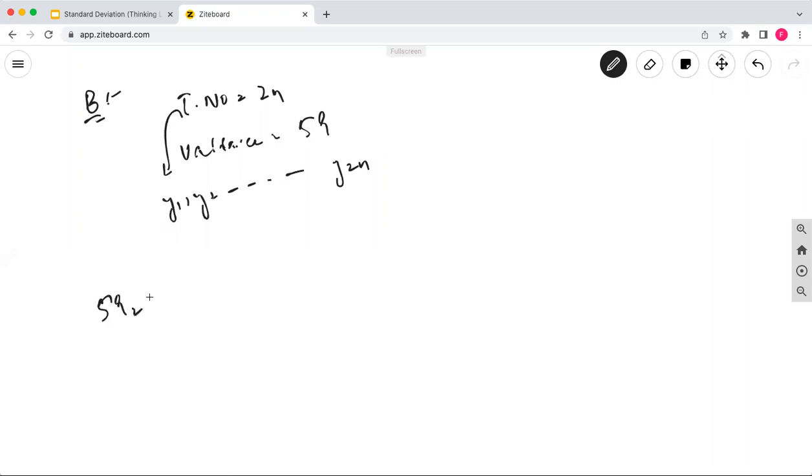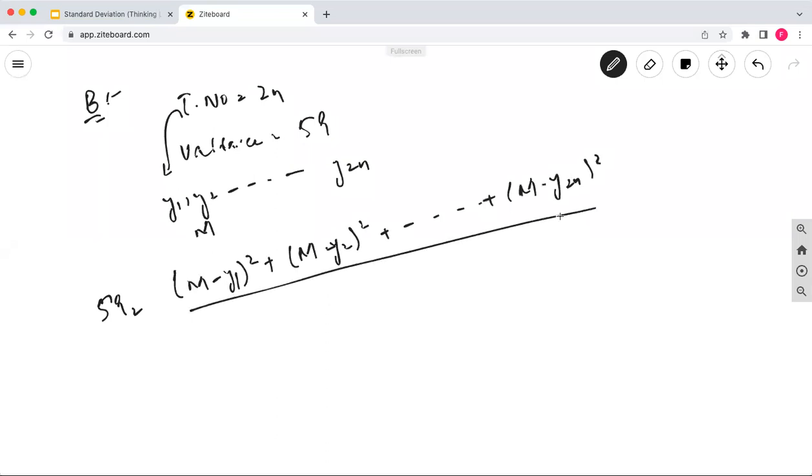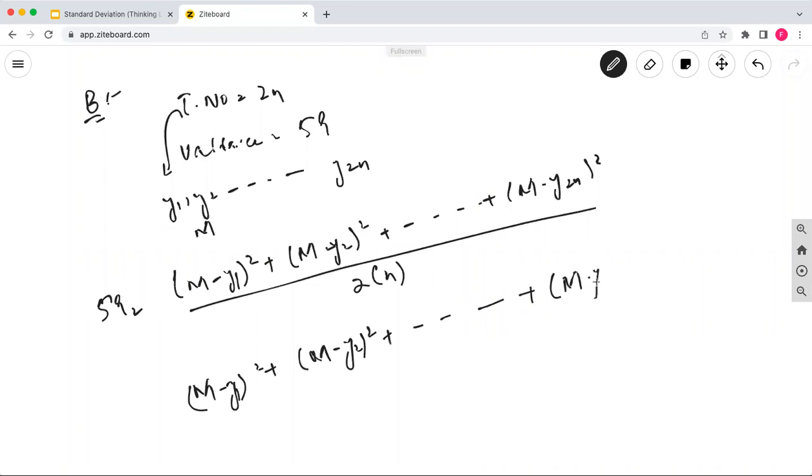Variance 59 is equal to the sum of the squared deviations from the mean, that is, I consider the mean as m: (m minus y1) square plus (m minus y2) square plus up to (m minus y2n) square, divided by 2n. That's why the sum is equal to 118n. Is this 59 into 2? 18, yeah, 118.